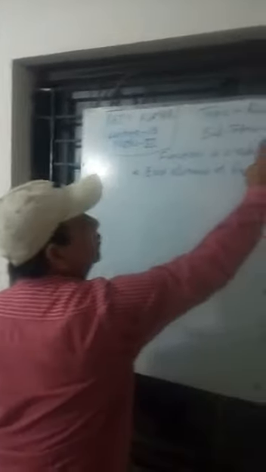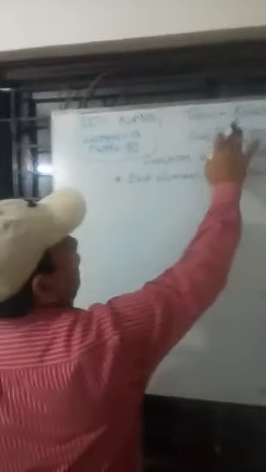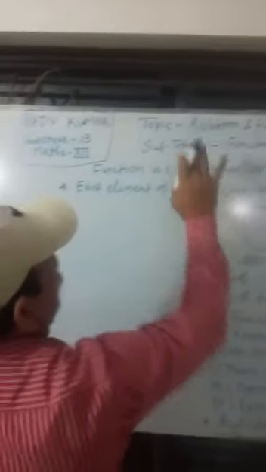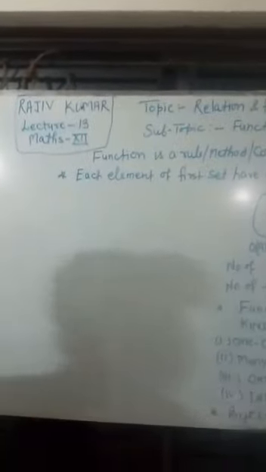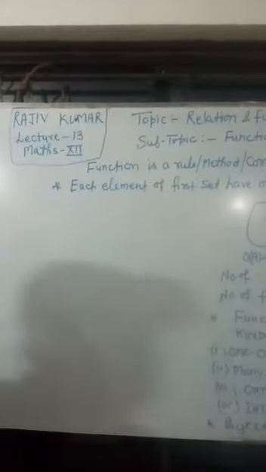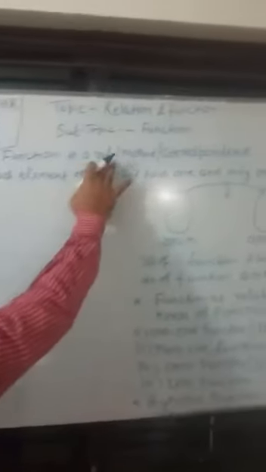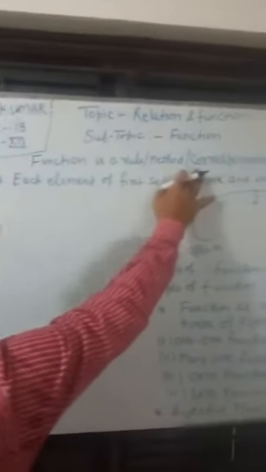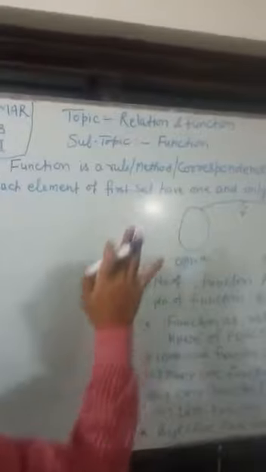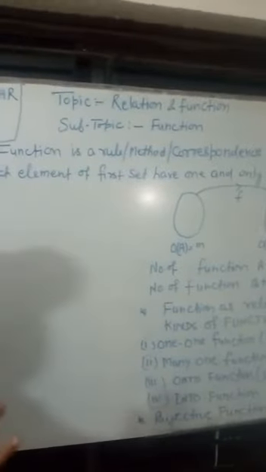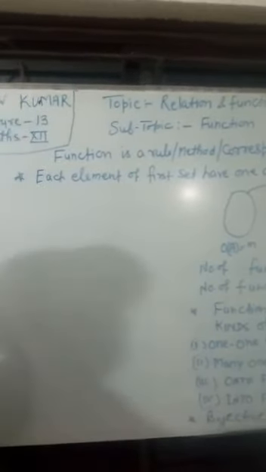Our topic is function. In the previous class, we discussed relations. A relation is a rule or method that associates two sets of elements. A function is also a rule, method, or correspondence that associates two sets of elements.